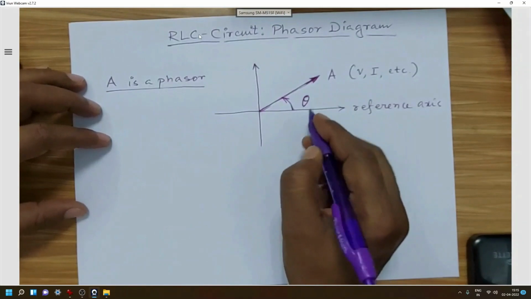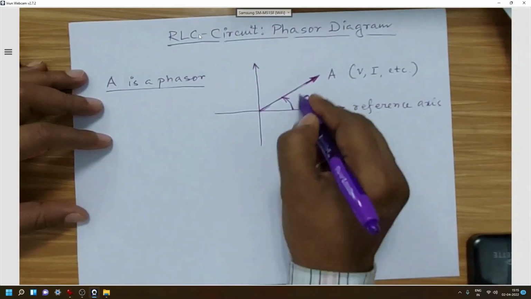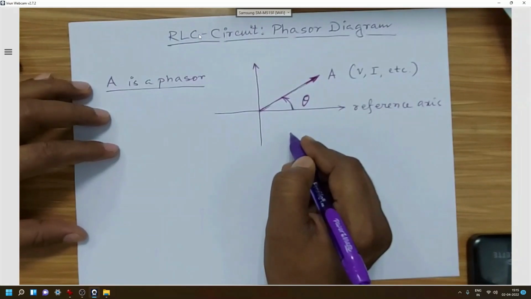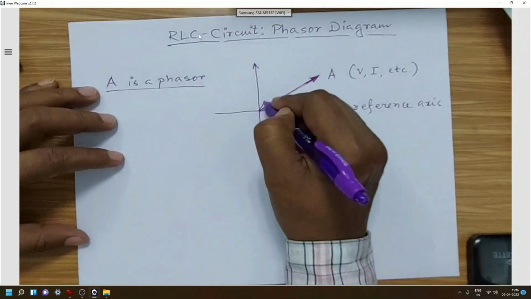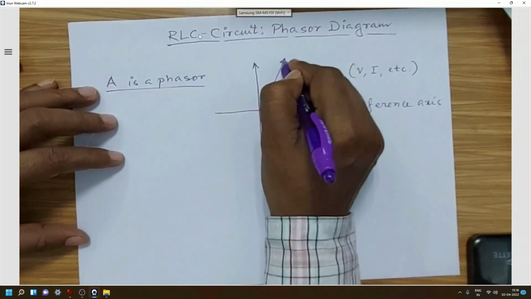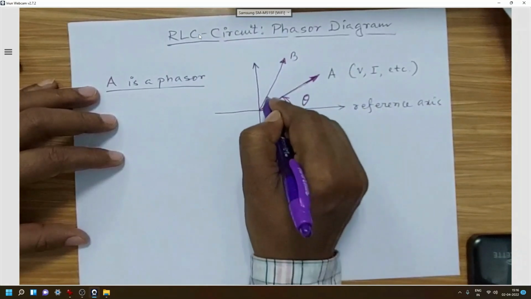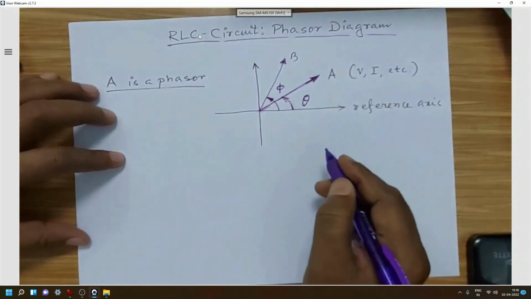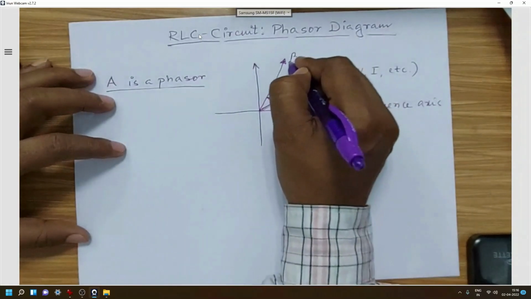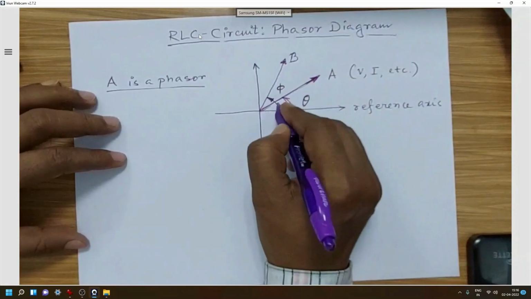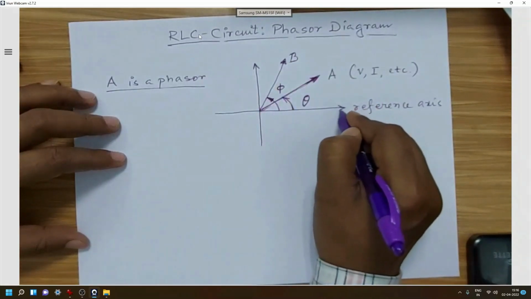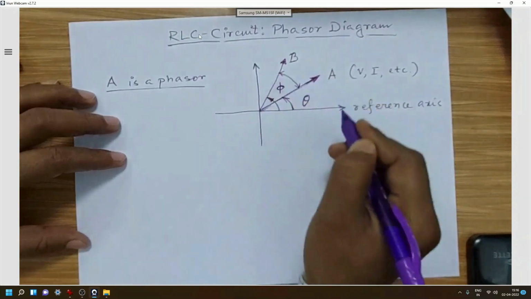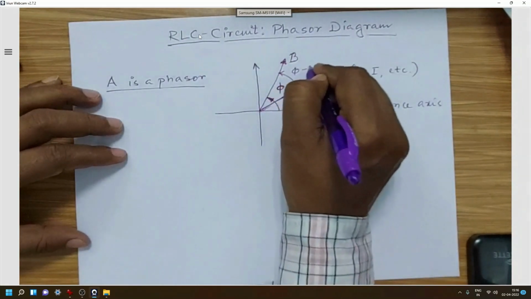And by the convention, if the phasor is represented along with any other phasor, say B, and having another angle, say phi, we can tell that the phasor B has a phase angle with the reference frame as phi, but between A and B the phase difference will be phi minus theta.